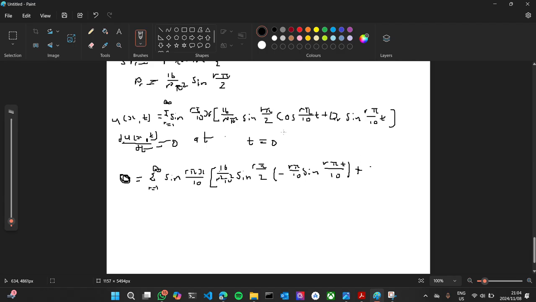Before I forget, time is equal to 0. So this whole thing here is multiplied by 0.